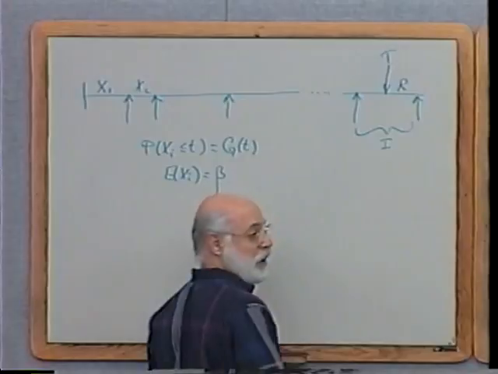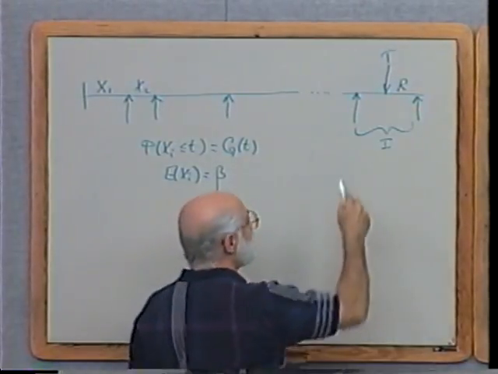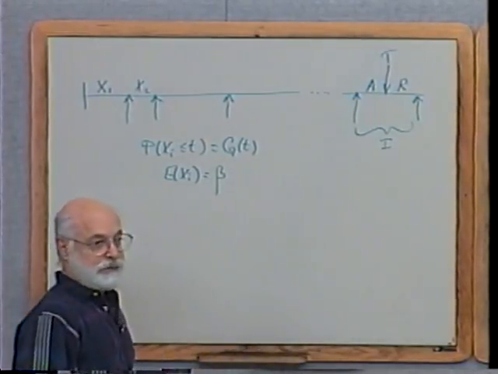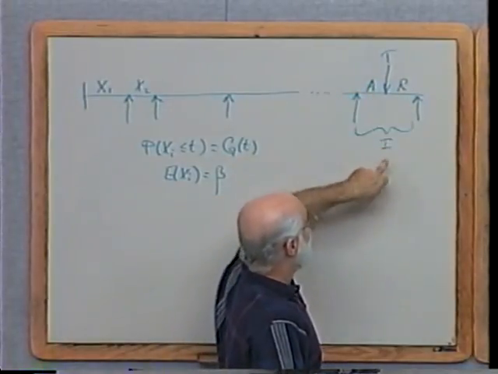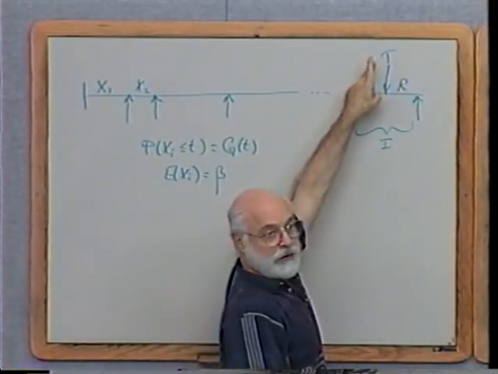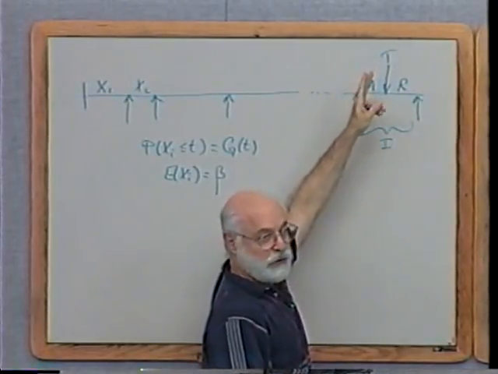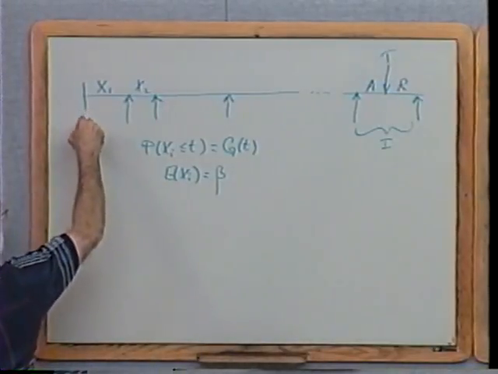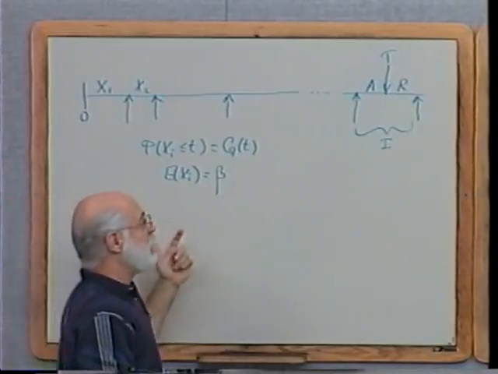We'll call that R. And then we have the backward recurrence time, or the age of the interval, which we'll call A. And of course, A, R, and I depend on T. But we'll be concerned with a limiting case where T goes to infinity, which means that for all practical purposes the origin is an infinite distance away, so that there's no boundary effect.